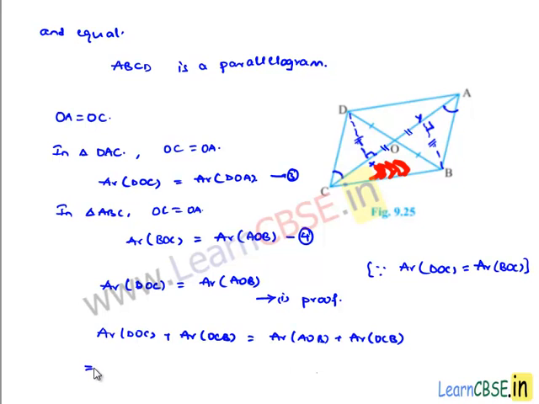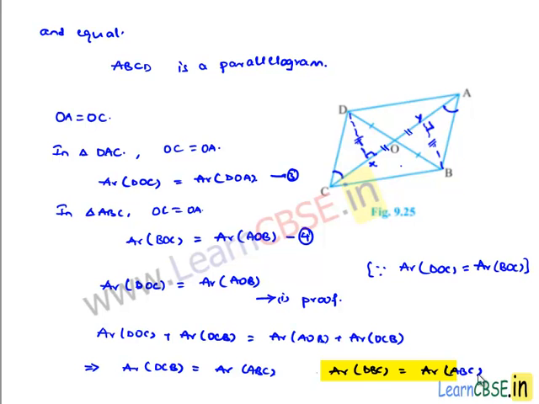That implies area of triangle DOC plus OCB is nothing but area of triangle DCB, which is equal to area of triangle AOB plus area of triangle OCB, which is nothing but area of triangle ABC. Therefore, finally we can say that area of triangle DBC is equal to area of triangle ABC. This is the required proof for us.